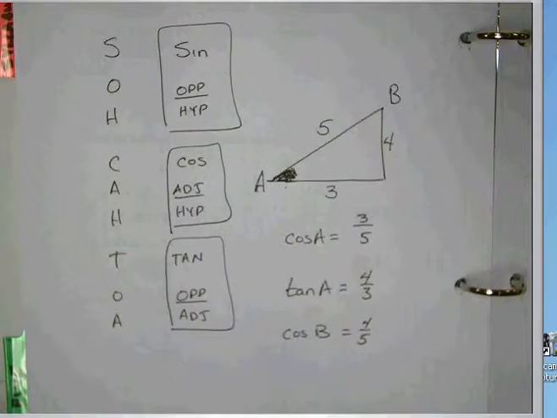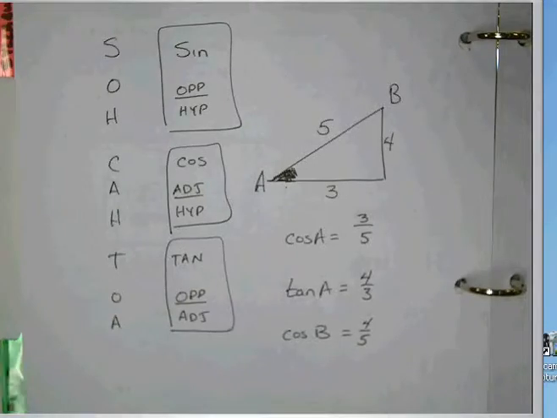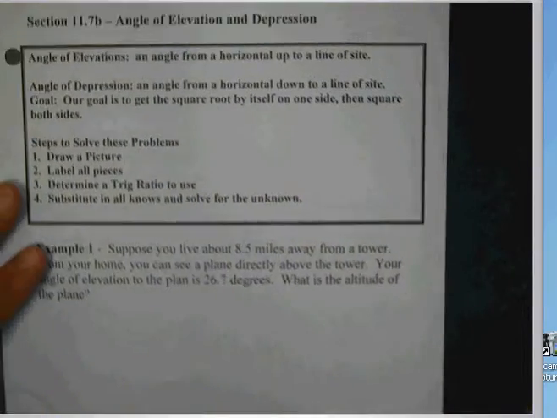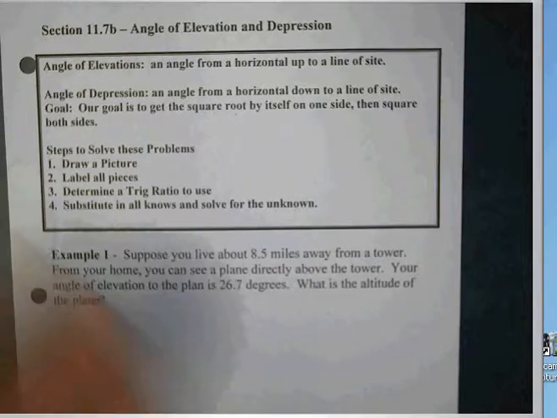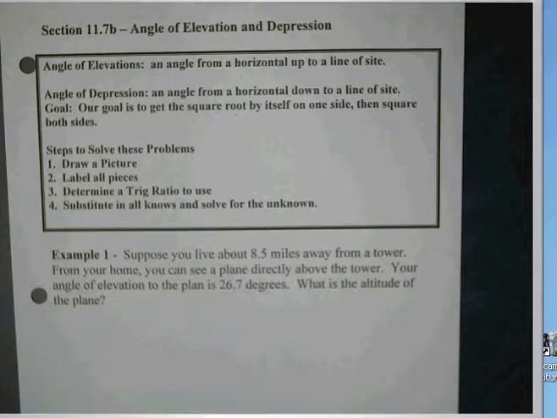Now, moving on. As we're applying this now today to applications, we're going to talk about two things called the elevation and depression. If you take your arm, put it straight out in front of you. Go ahead. That is 0 degrees. Okay? Now, the key is it has to be straight as you start.